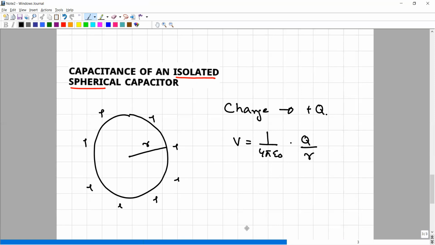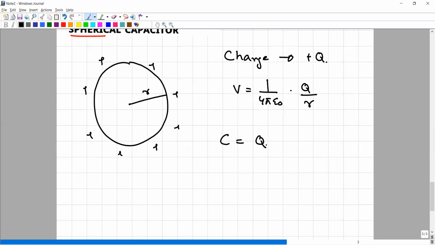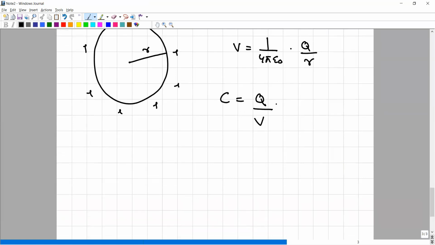Okay. Now based upon this, we can calculate the capacitance. Capacitance C was simply Q, charge, over V, potential. And potential we just now calculated.